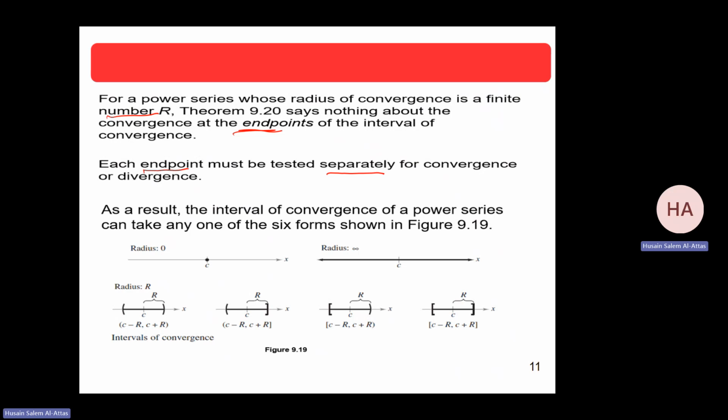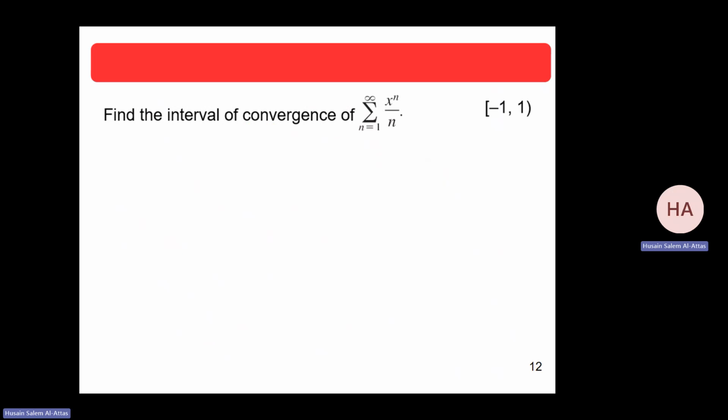So then the interval either will be a point or minus infinity to infinity, where r equals 0 and r equals infinity. If you have r, then it's either the open interval, open from one side and closed from the other side, or closed from both sides. So you have these 6 cases.